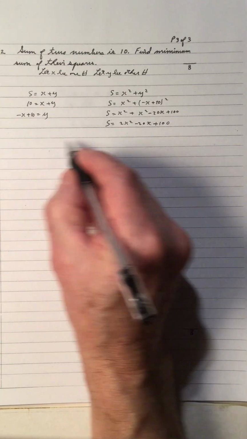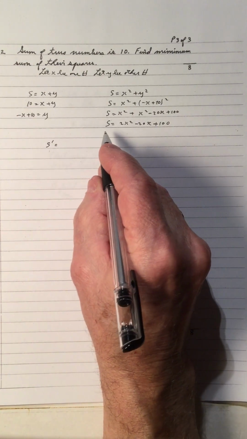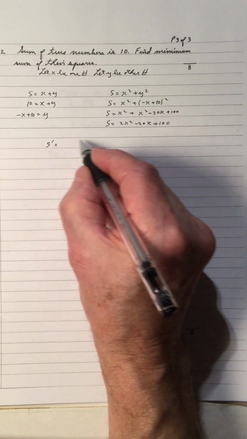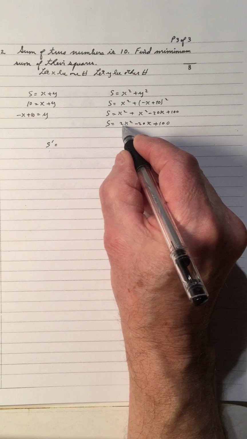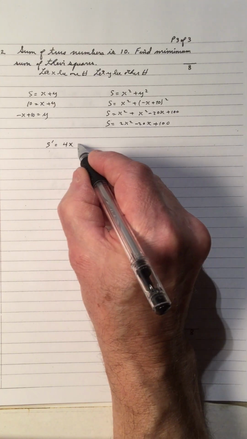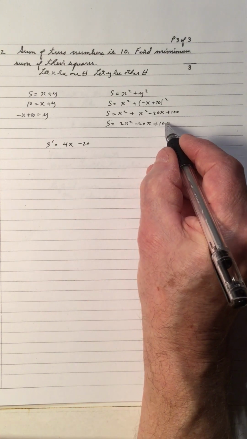So we do the derivative, which is the slope of the tangent. Derivative is 2 times 2 is 4x. Derivative of negative 20x is negative 20. Derivative of a constant is 0.